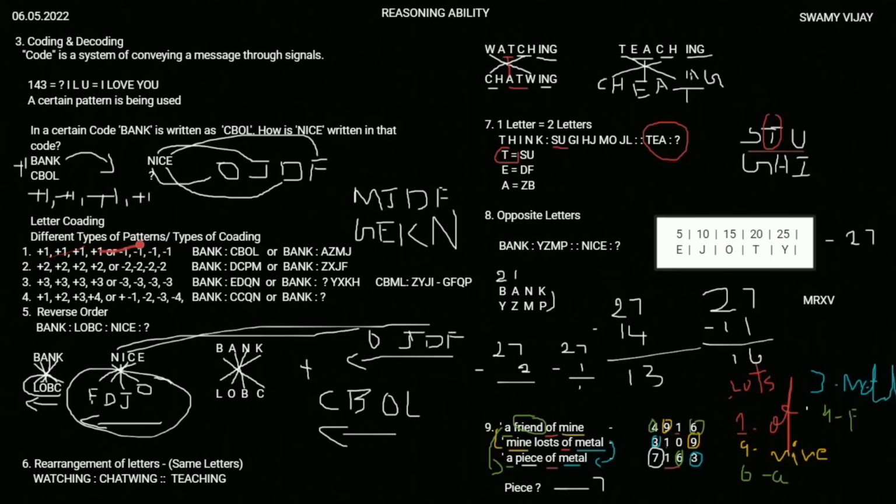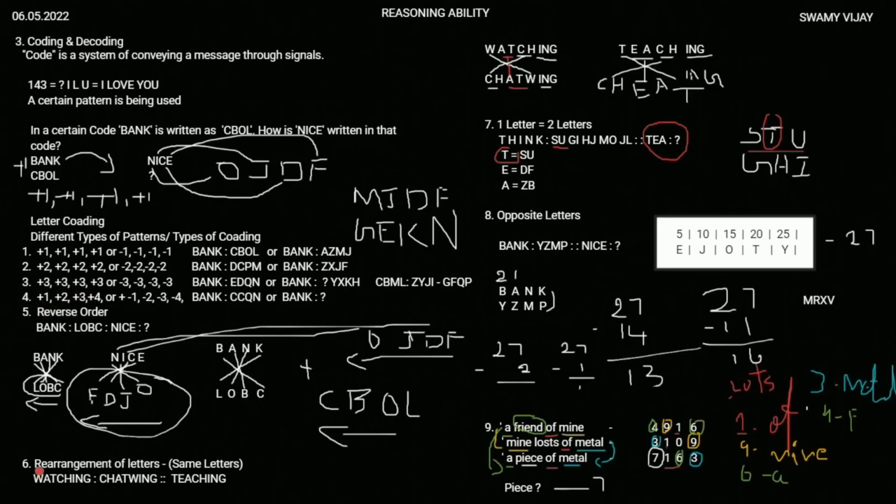First pattern is the +1 -1 pattern, +2 -2 pattern, +3 -3 pattern, +1 2 3 4 or -1 2 3 4 pattern. In the exam, if you don't find the answer with any one of these patterns, then we have to go with the next pattern, that is the reverse order pattern. So in letter coding, we have 5 patterns related to calculation.